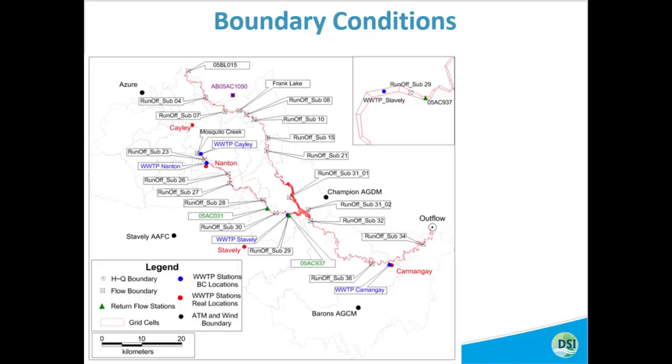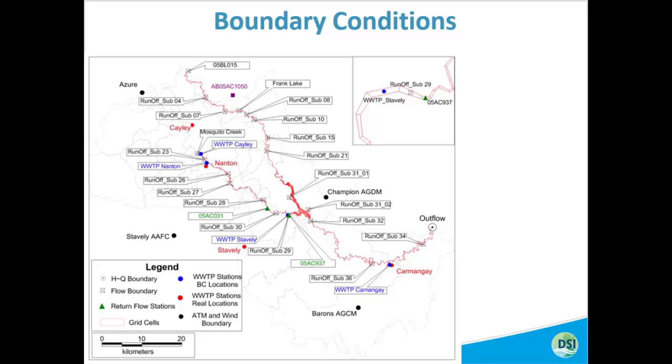So here the blue ones are wastewater treatment plants. There were 4 wastewater treatment plants, and there are return flows coming from different sections of the river and being dumped into those regions, and these runoff components are from the SWAT model. So we use SWAT and then use it as input for the EFDC model.